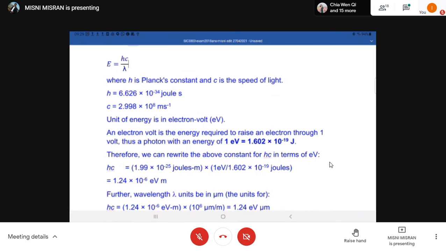I think you should memorize the Planck constant, 6.626 times 10 to the minus 34 joule seconds. Just like the electron charge, 1.6 times 10 to the minus 19 coulombs. Just like the gas constant and the Boltzmann constant.